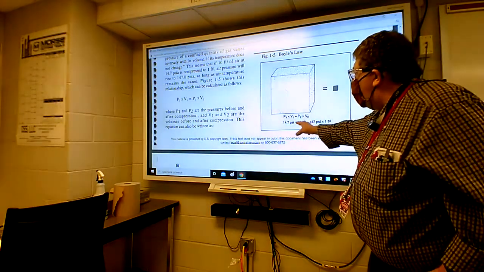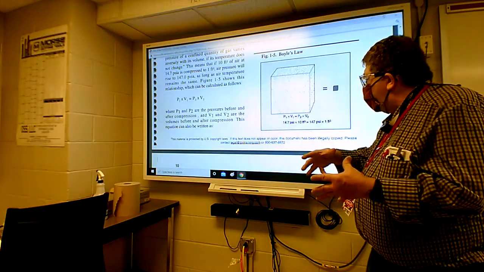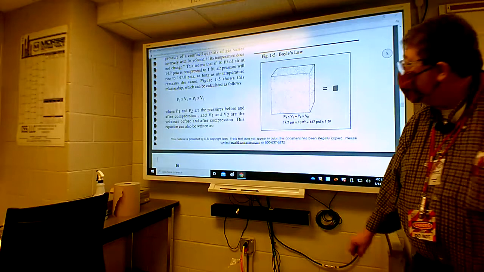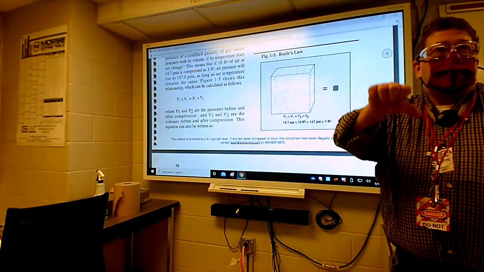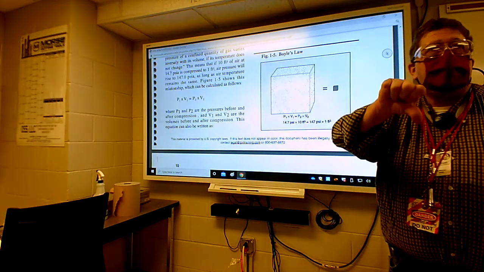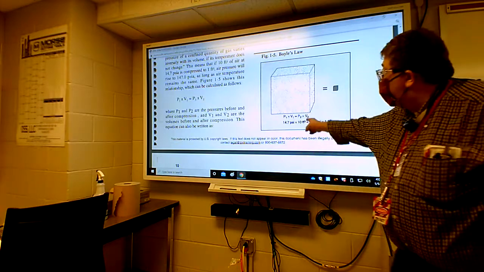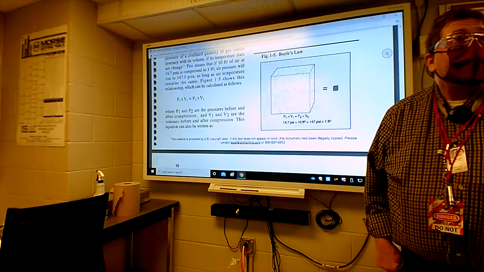And the reason why it does is because, let's say you go down on the volume, and V2 is smaller than V1, P2 goes up in the same exact proportion. So if the volume goes down 10%, the pressure is going to go up 10%. So the product of those two numbers, when you multiply them, is going to be the same thing.